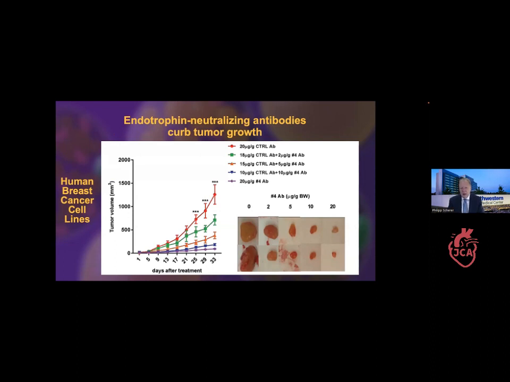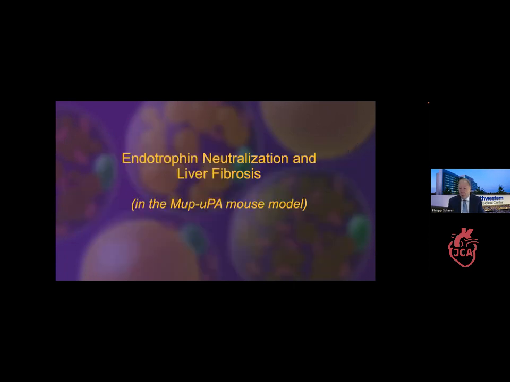You can see here a dose-dependent increase of neutralizing endotrophin antibodies, and you appreciate that at higher concentrations, where we neutralize most of this endotrophin, the tumor growth is quite significantly reduced, highlighting that this is a factor that may have a lot of promise.